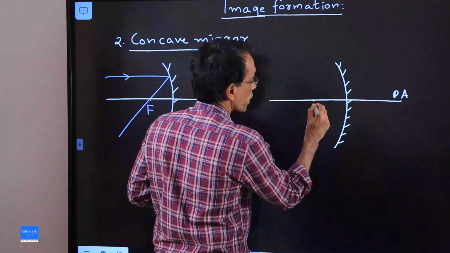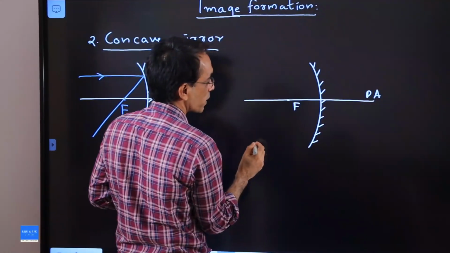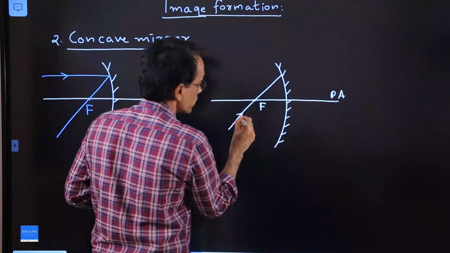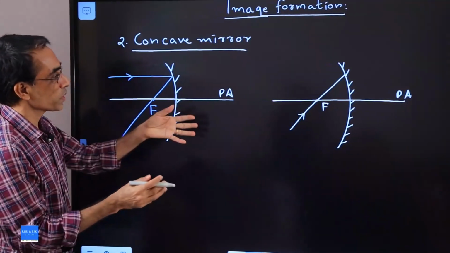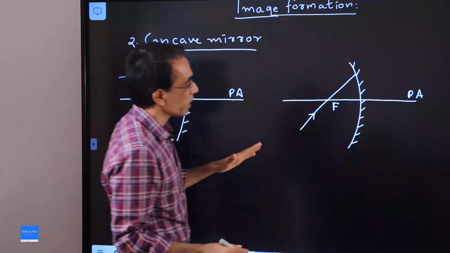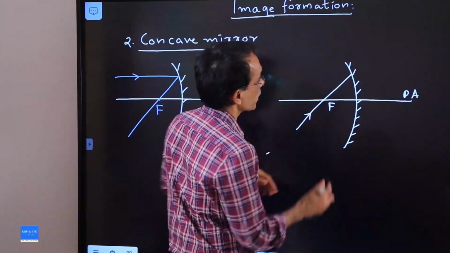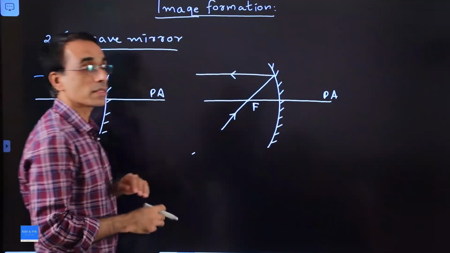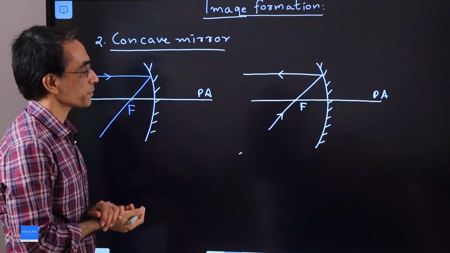So you have your focus point here, the principal focus. What will happen if light ray goes through this? You can see it's almost similar. Here the light was going through the focus. Here it is coming through the focus. Then this will go parallel to the principal axis. That is the second point that you need to understand.